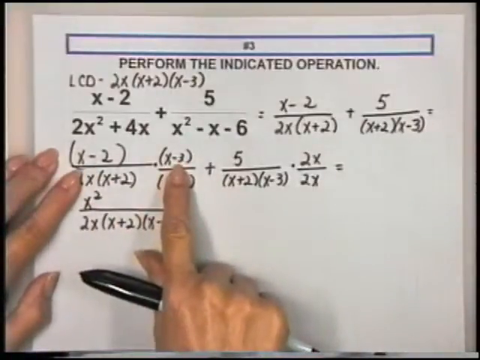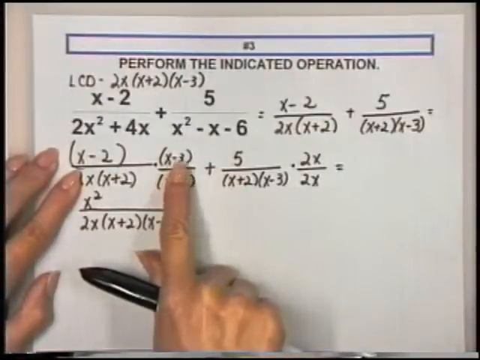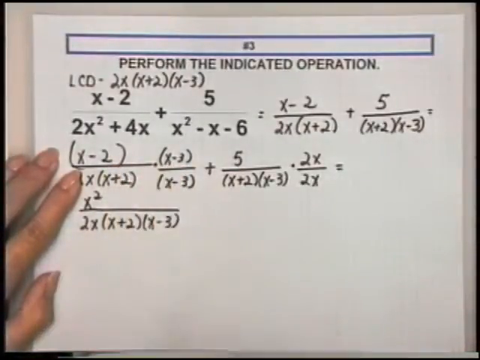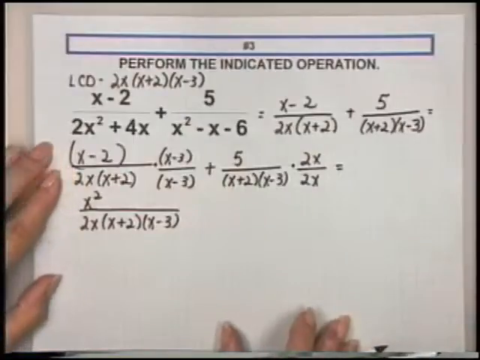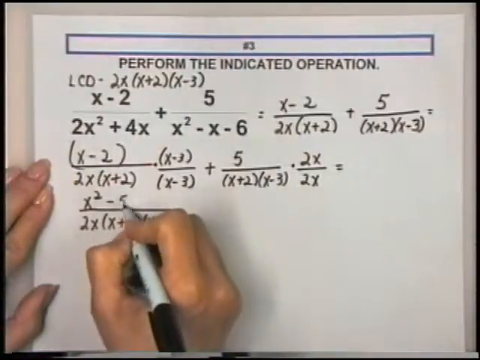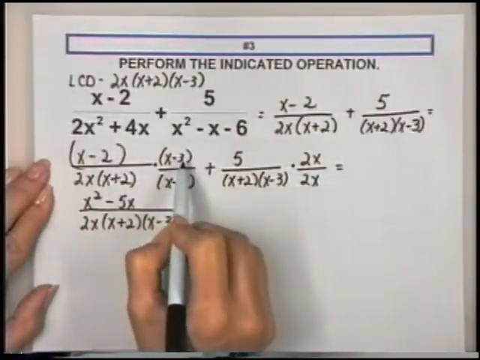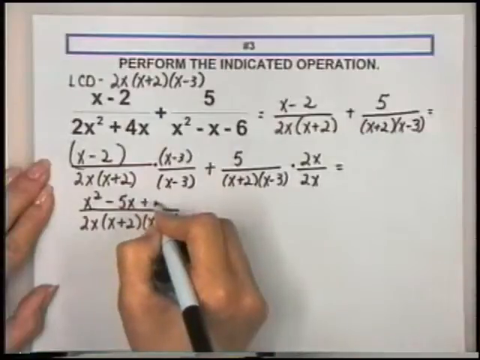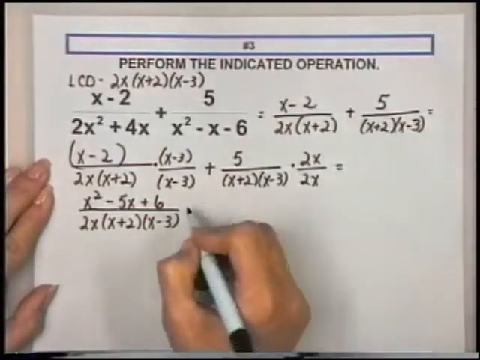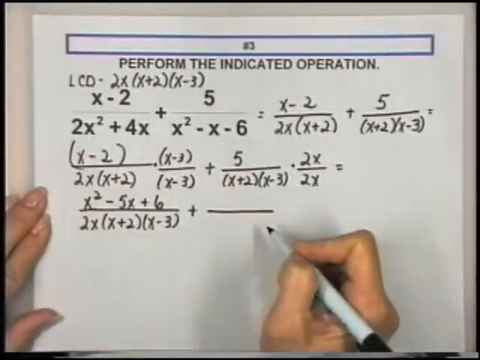X times x will give me x squared. For an outer term, x times negative 3 gives me negative 3x. For an inner term, negative 2 times x will give me negative 2x. Negative 3x subtract 2x will give me negative 5x. For a last term, negative 2 times negative 3 will give me positive 6.